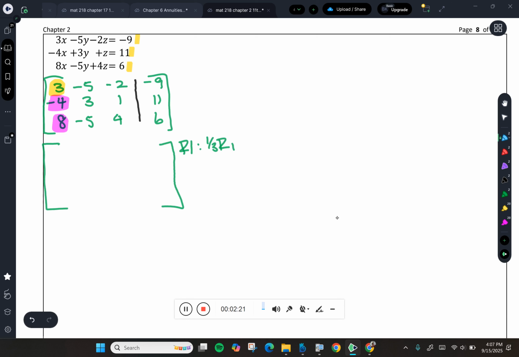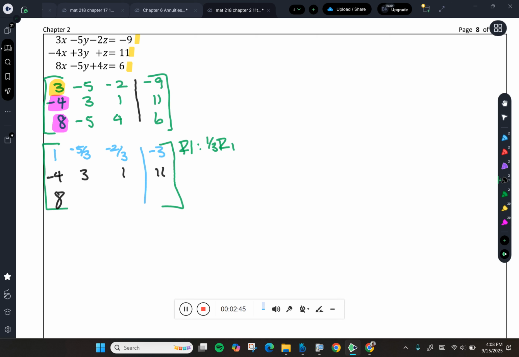When I do that, I get a 1 here because 3 divided by 3 is 1. I get a -5/3, a -2/3, and a -3 on the right-hand side because -9 divided by 3 is -3. I'm leaving the second row alone, so I'll copy it down: -4, 3, 1, 11.